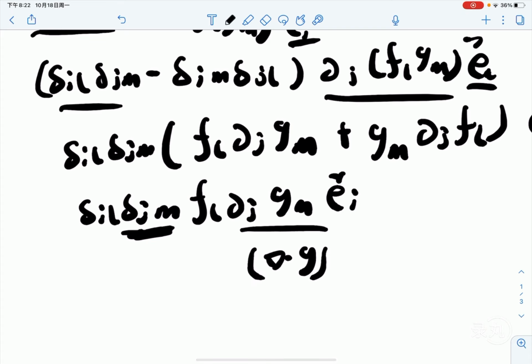And for the second term, I is equal to L, which requires the vector to be the same. So this basically is this.